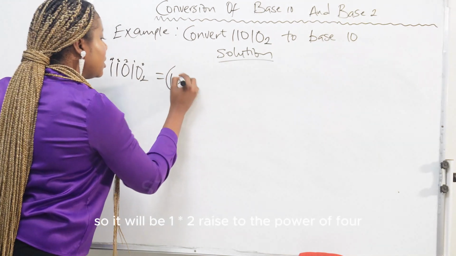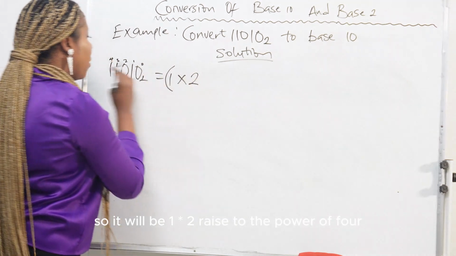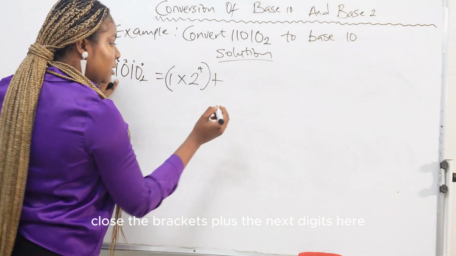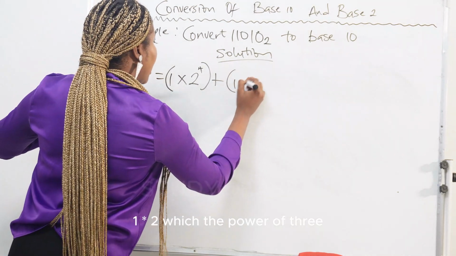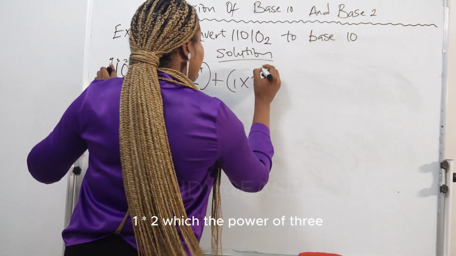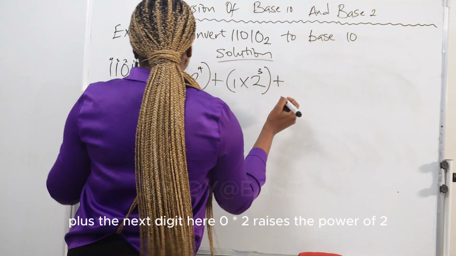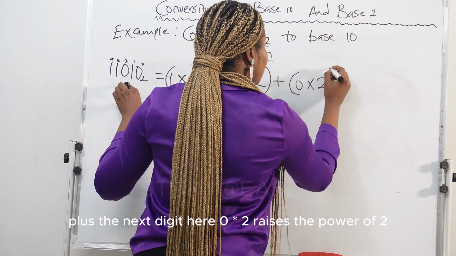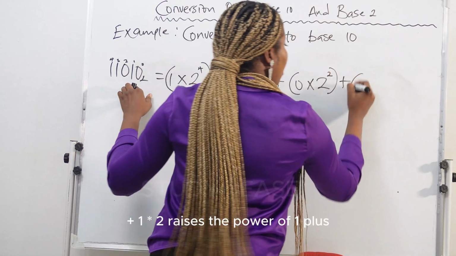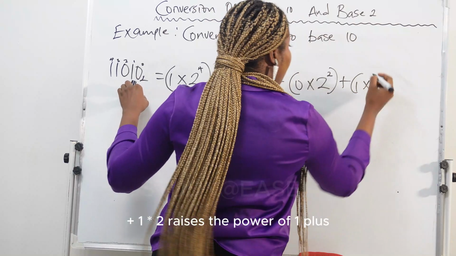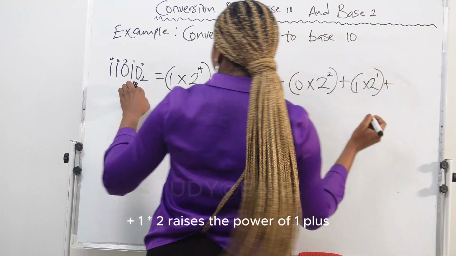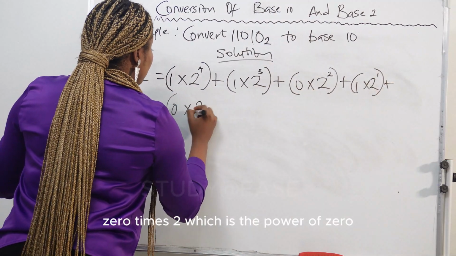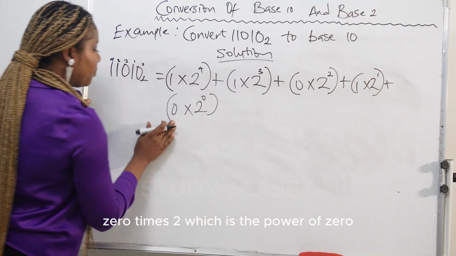So it will be 1 times 2 raised to the power of 4, plus the next digit, 1 times 2 raised to the power of 3, plus 0 times 2 raised to the power of 2, plus 1 times 2 raised to the power of 1, plus 0 times 2 raised to the power of 0.